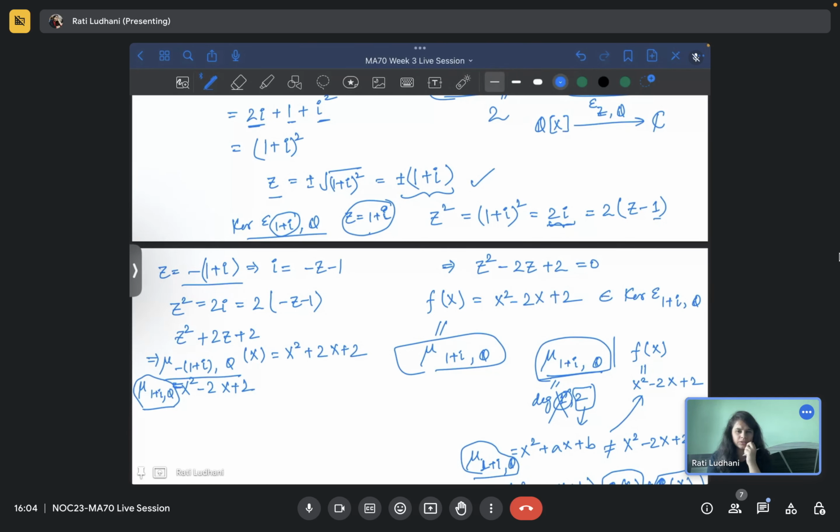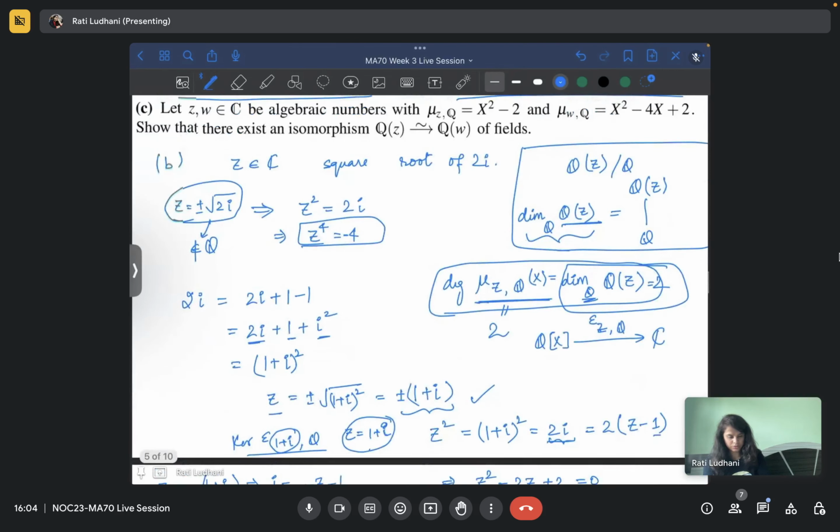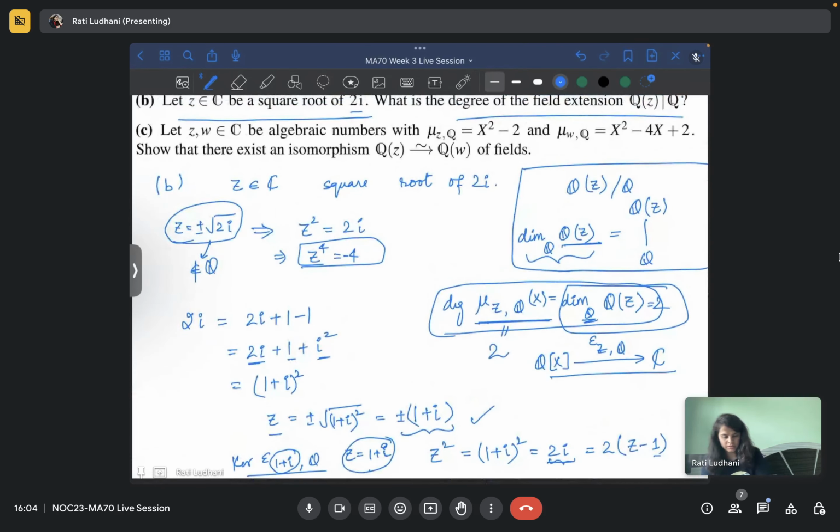Meaning of the subscript notation. On the arrow on the previous page, you have Q[x] maps to C. Yes, this is the map from which we are getting this mu.